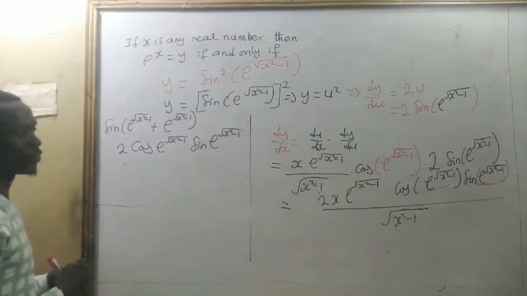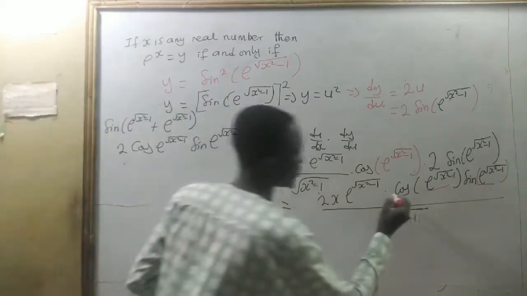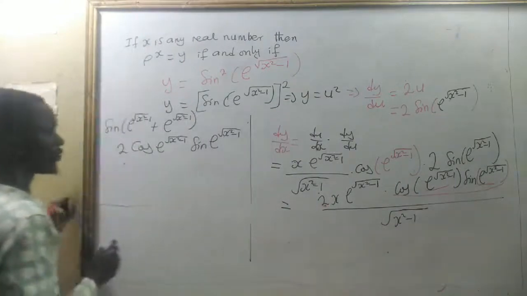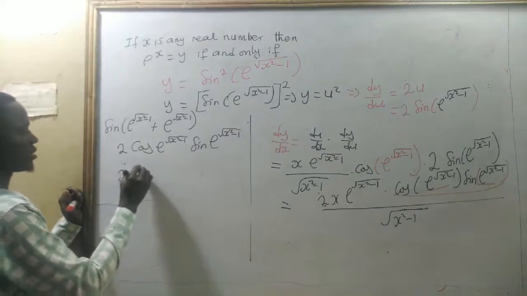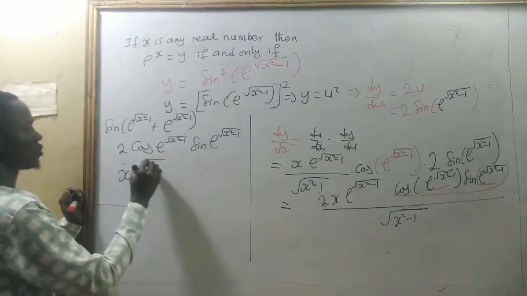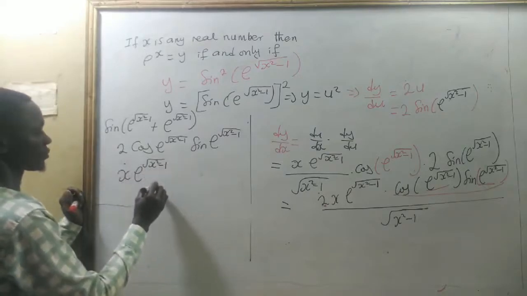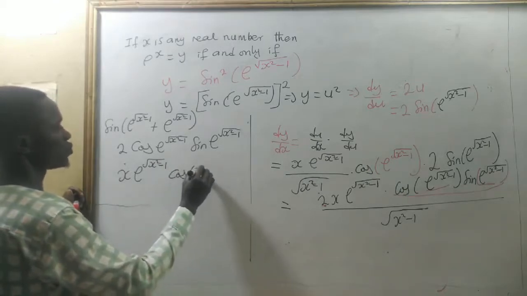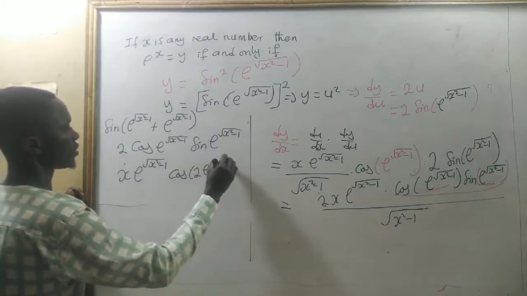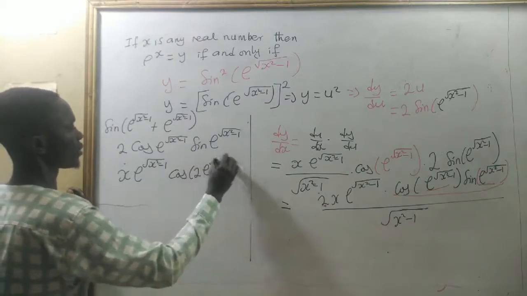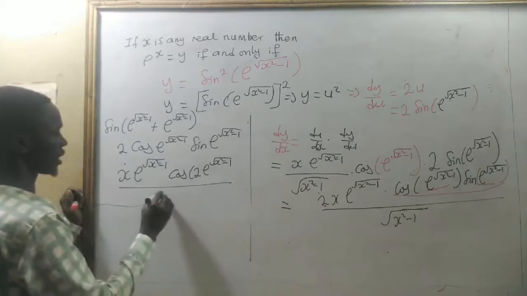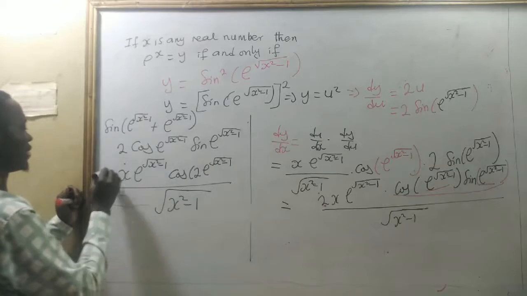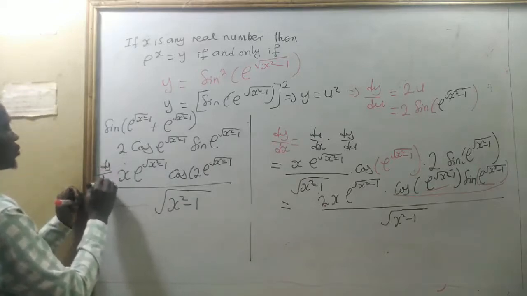So in place of this times the 2 here, we are going to get our final answer as x e to the power square root of x squared minus 1 times sine of 2 e to the power square root of x squared minus 1, all divided by square root of x squared minus 1, as the derivative of y with respect to x.